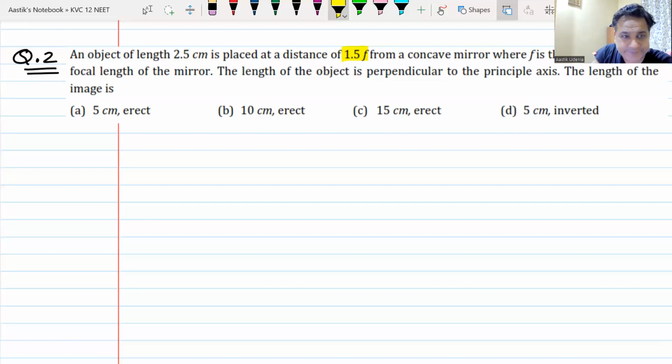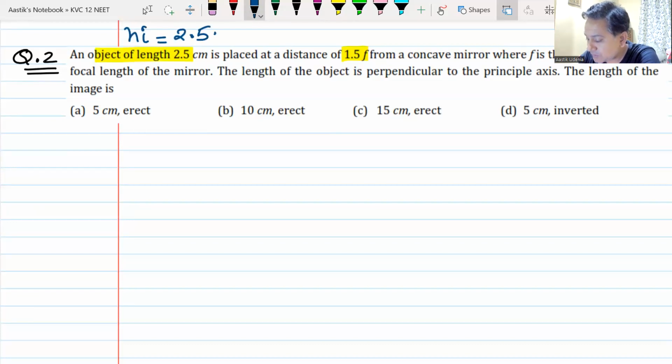Yes, my dear friends. Sir, writing question, sir. 1 minute. Oh, writing the question. Okay. You don't have to write the question completely, beta. You can just write it in short. You know how to write it in short? You can write this as length of the object or height of the object hi. Height of the object hi is 2.5 centimeters.